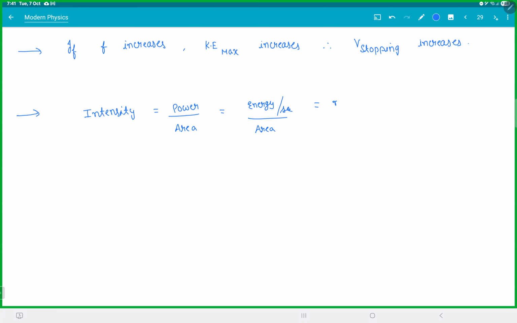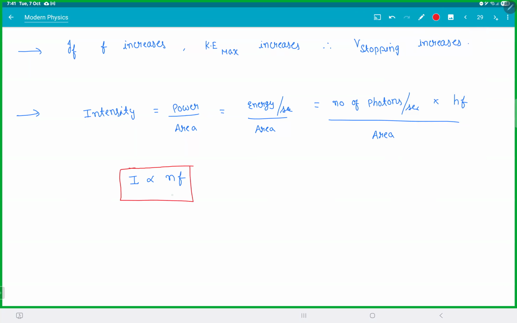This is the number of photons per second into the energy of the photon, which is h into f, by area. That means if you look at here, intensity I is proportional to n into f. N is the number of photons per second.